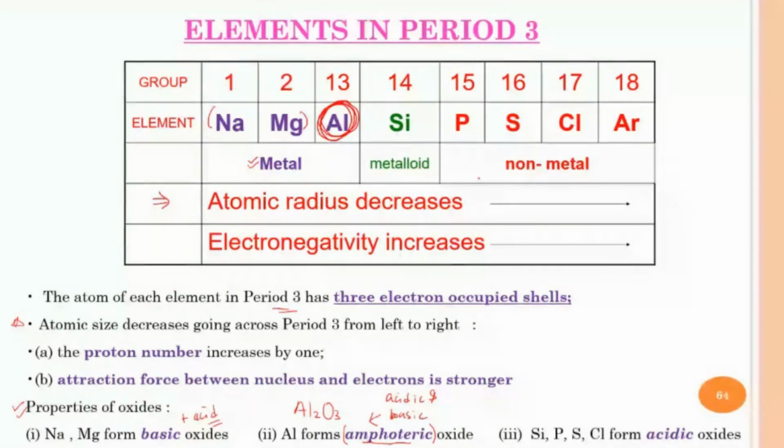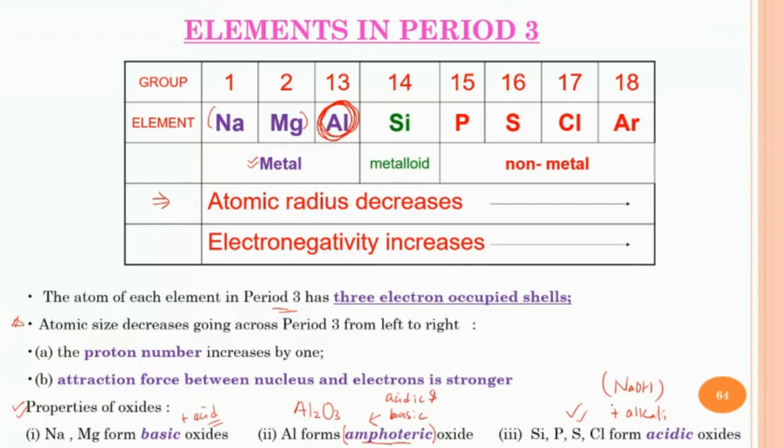Then silicon, phosphorus, sulfur, and chlorine form acidic oxides, meaning that when you react with alkali, for example sodium hydroxide, they can react.